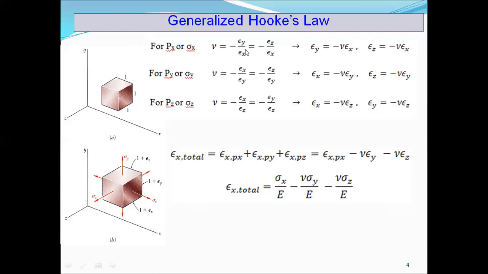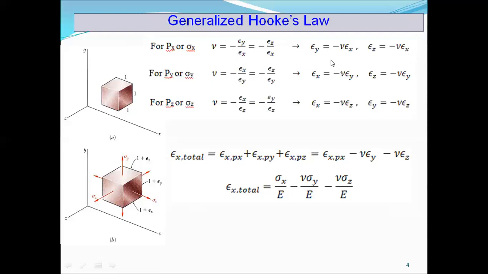So from this equation, we could write down epsilon y is equal to minus mu epsilon x. So we got one equation from this. And the other equation, when we combine this, we use mu is equal to minus epsilon z by epsilon x. Epsilon z is equal to minus mu epsilon x.